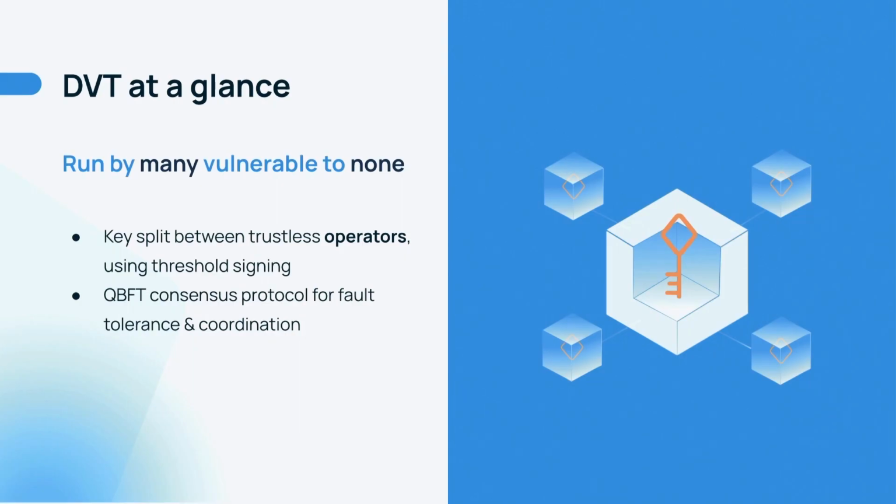So how does it work? Currently, one validator key can only be run by one machine, and the machine itself has a couple of third-party components, your consensus layer clients, and whether you use a cloud center or bare metal.